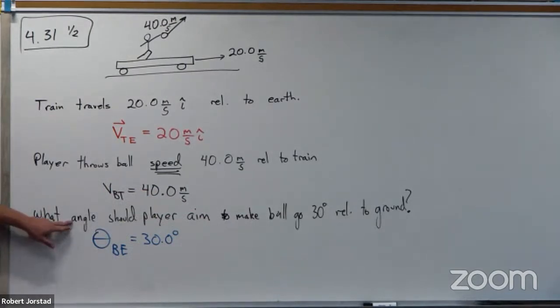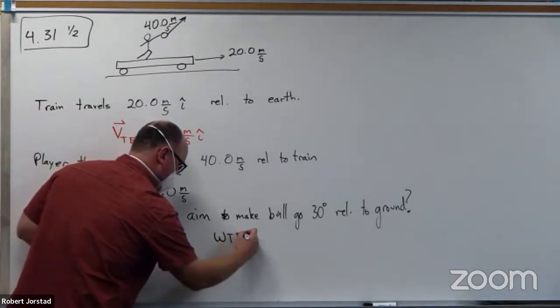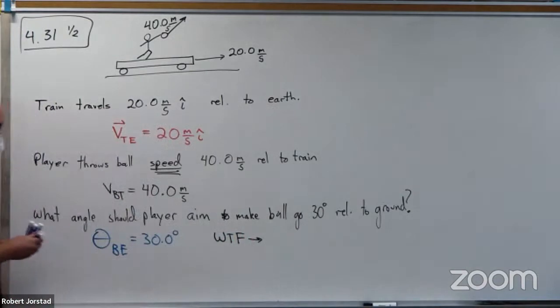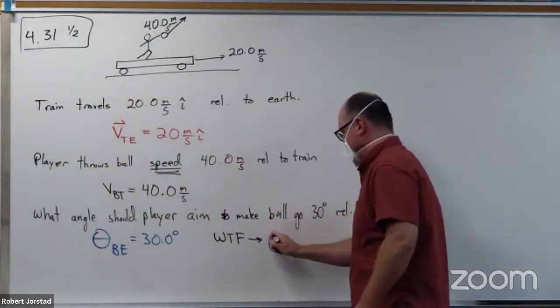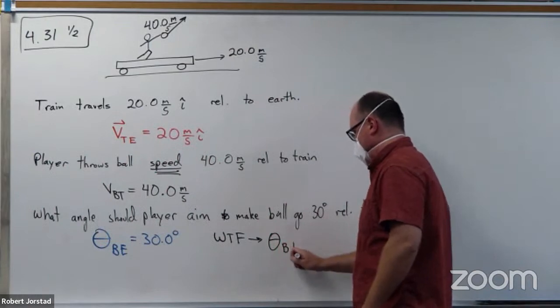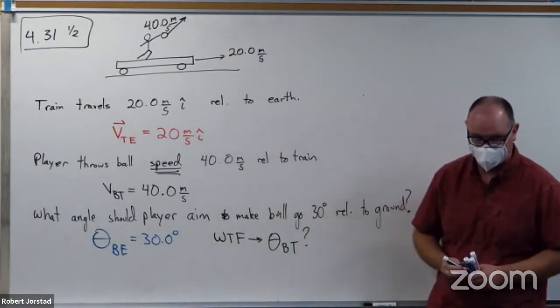What angle are we looking for then? What do we want to find? Theta of the ball relative to the train. That's what we're looking for.